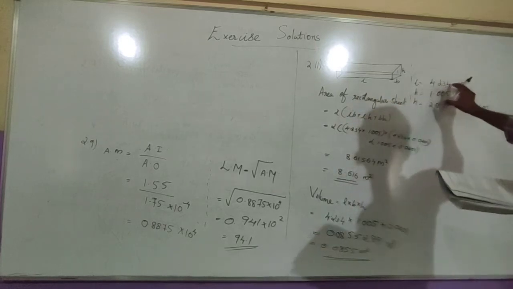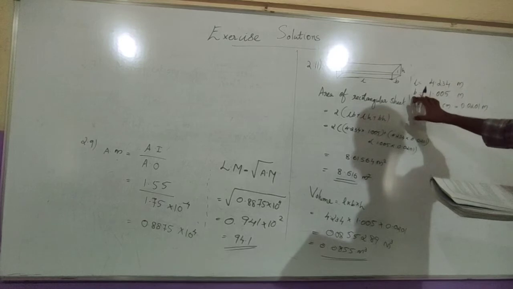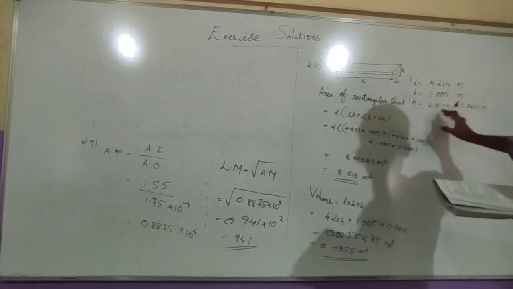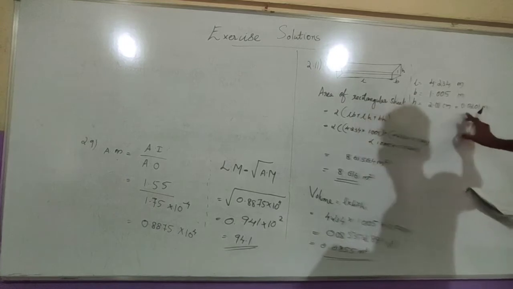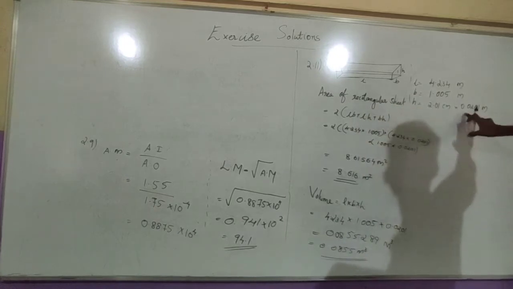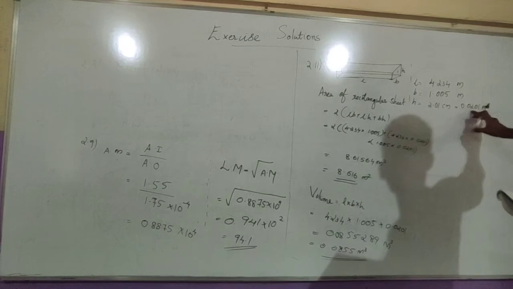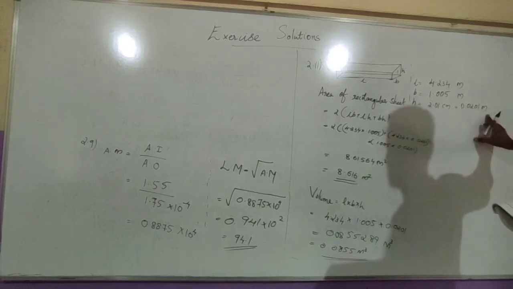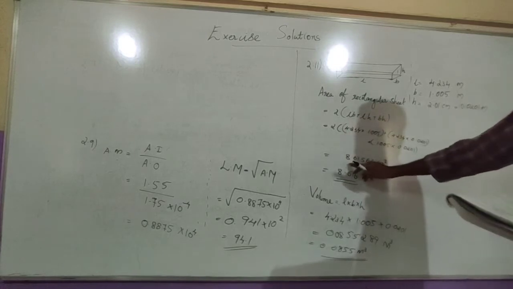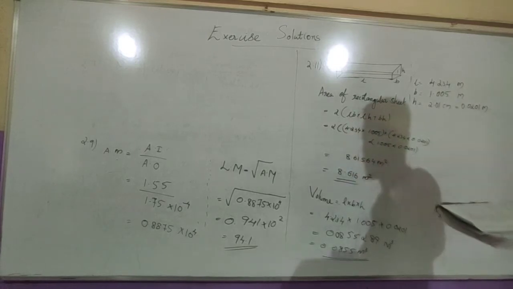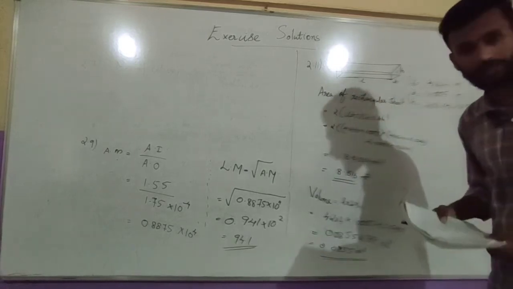L is 4.234 meter, B, that is breadth, is 1.005 meter and height H is 2.01 centimeter, which is 0.0201 meter. So when you substitute the values, you obtain 8.61564 meter square, but you have to follow the rule of significant figures.